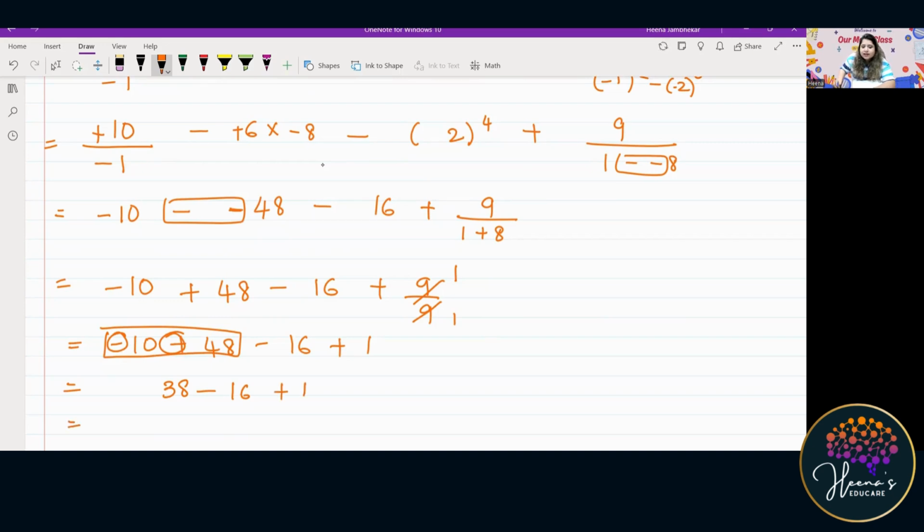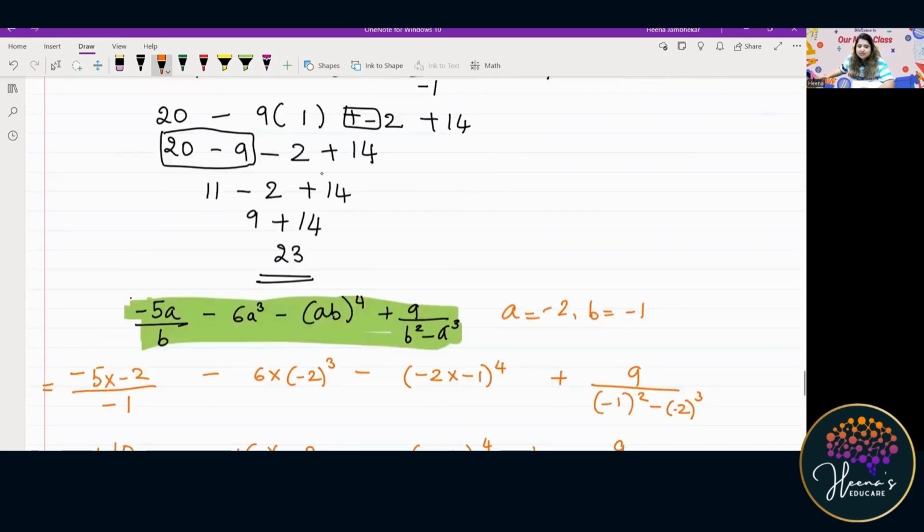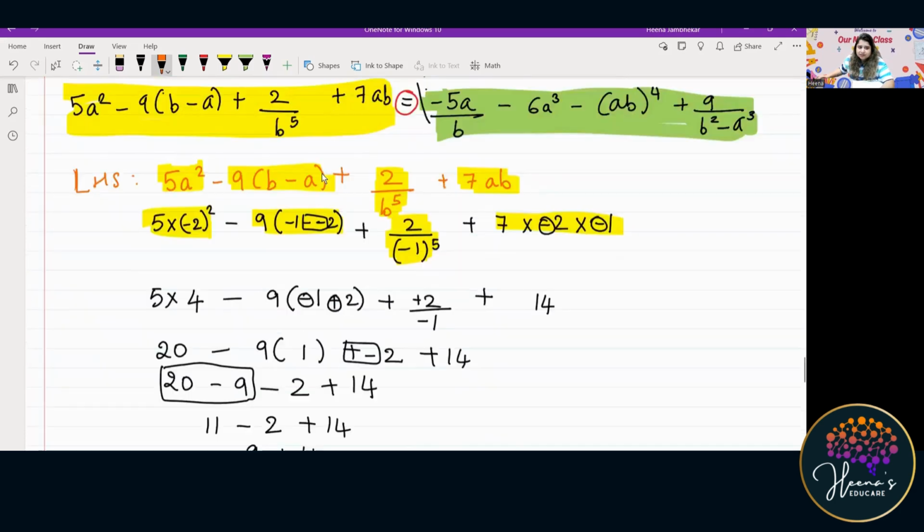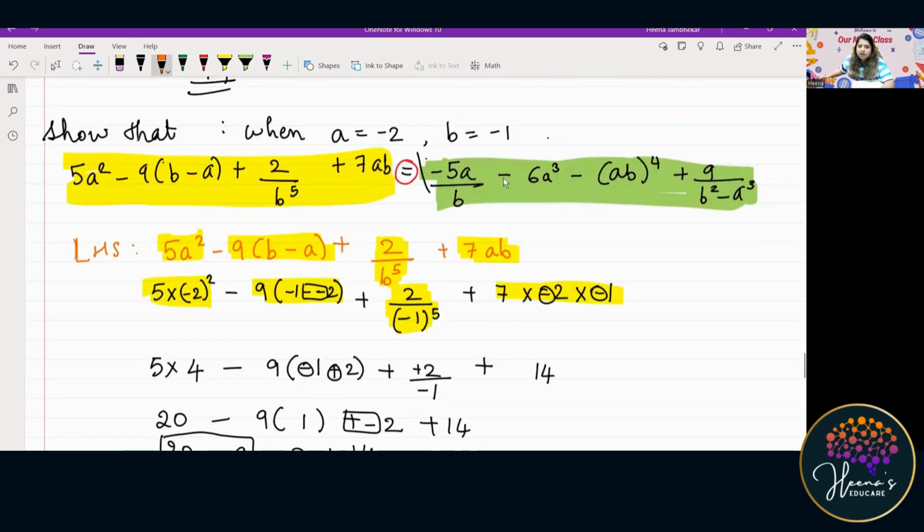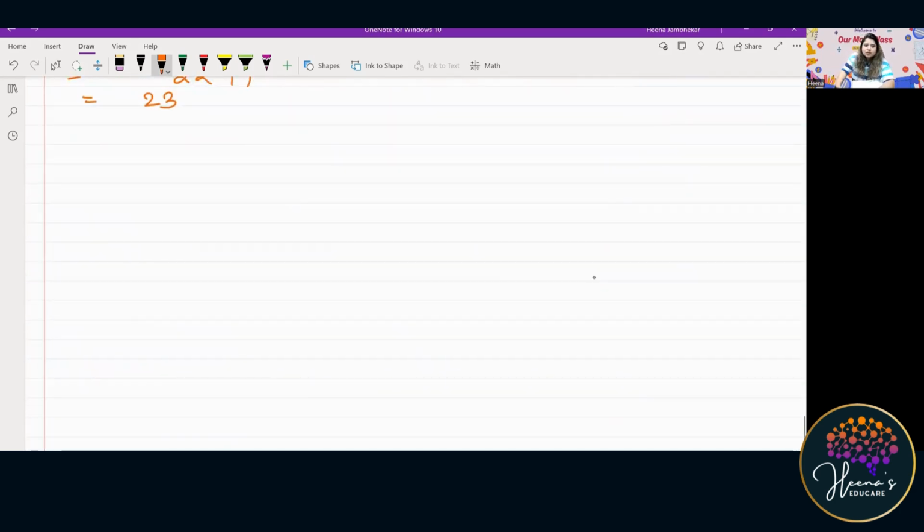Now 38 minus 16 gives you 22. So 22 plus 1 is 23. See, your LHS is equal to RHS. And that is what we had to show. So I will say LHS is equal to RHS and hence proved.